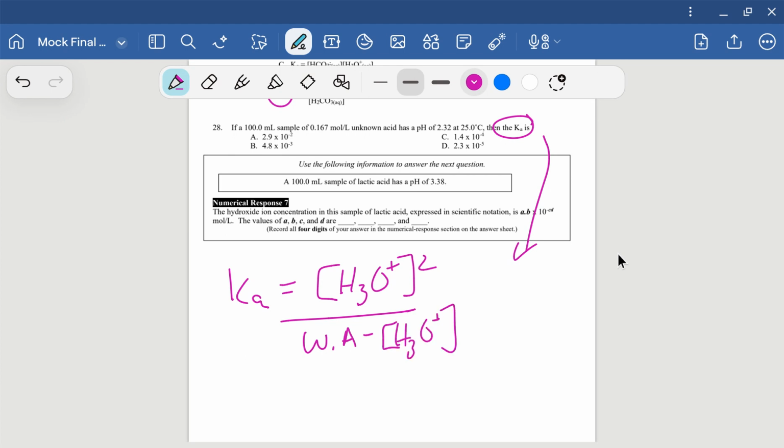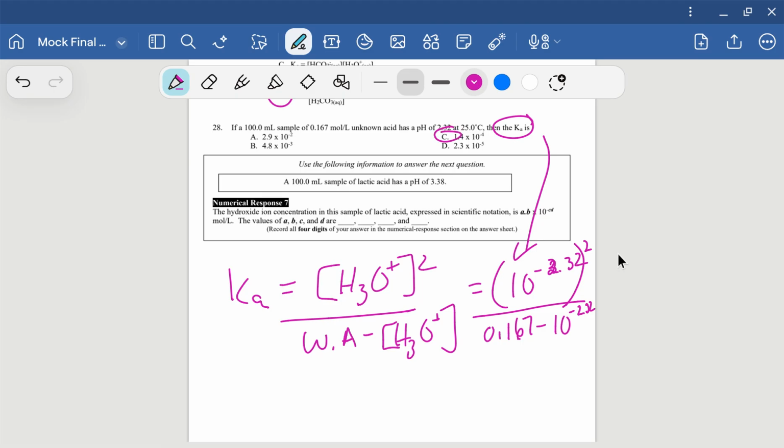So going through this, we can fill in hydronium, because that will be 10 to the negative 2.32, and this value needs to be squared. We know the concentration of the weak acid, and then we can also fill in that hydronium one more time, 10 to the negative 2.32. So as long as you plug this into your calculator correctly, you would see your answer is C.